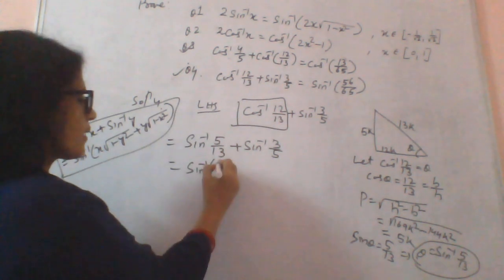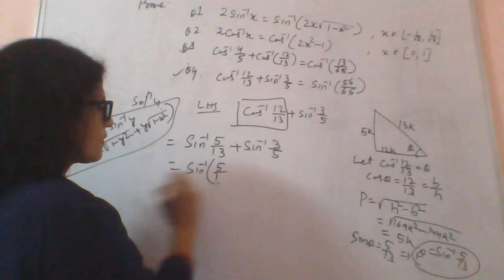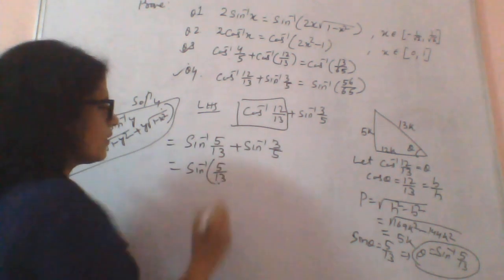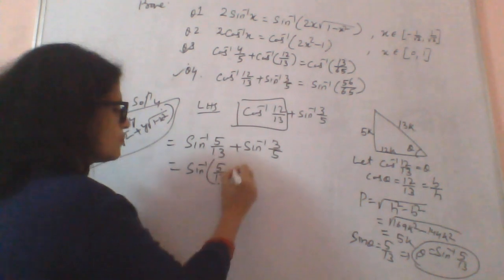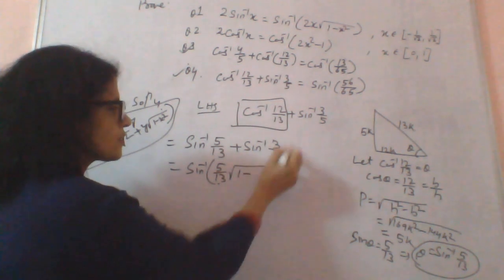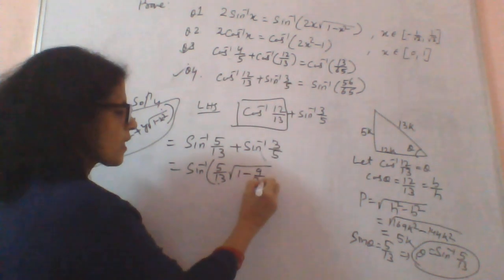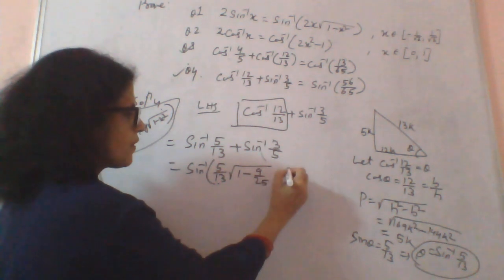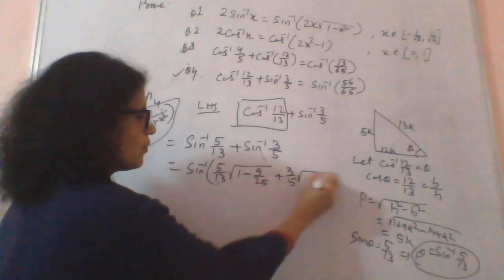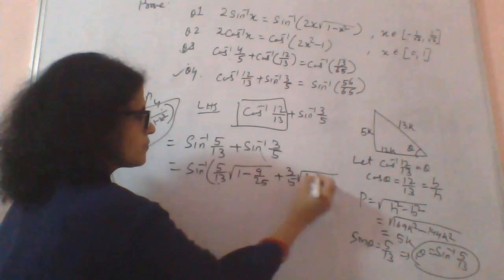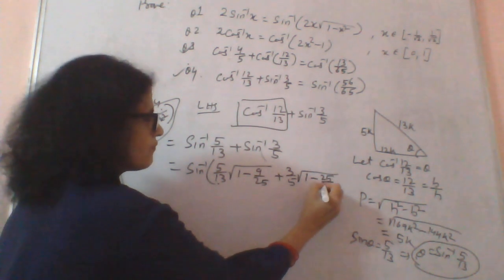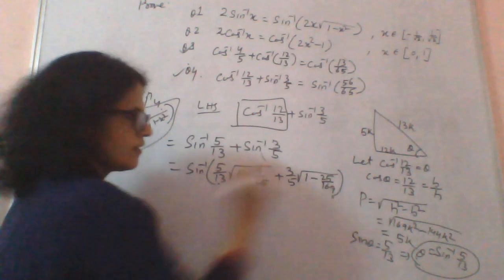Sine inverse x means 5 by 13 into under root 1 minus y square, 1 minus 9 by 25, plus y into under root 1 minus, this will become 25 by 169.